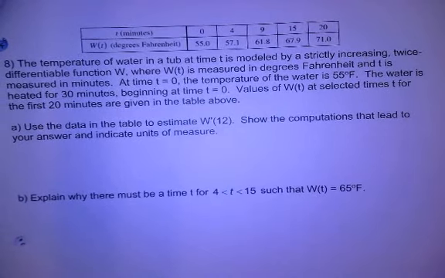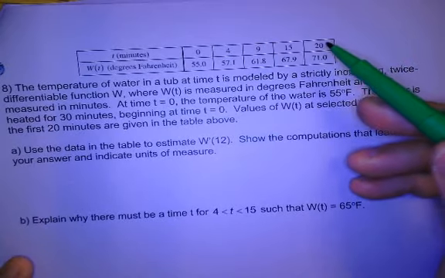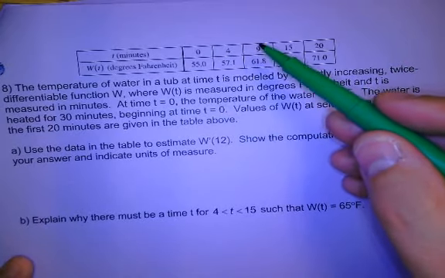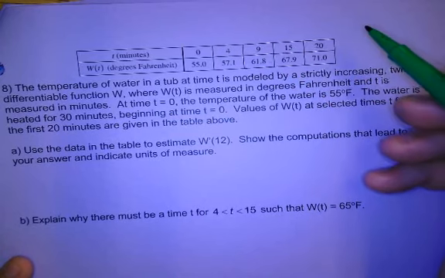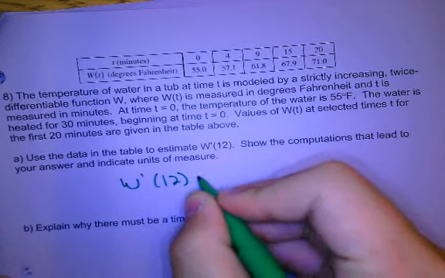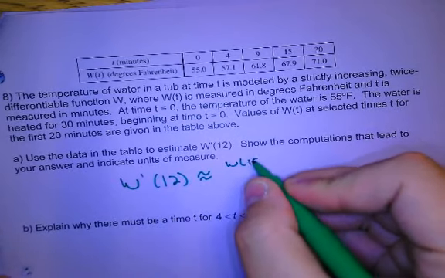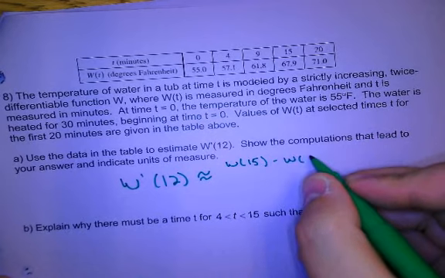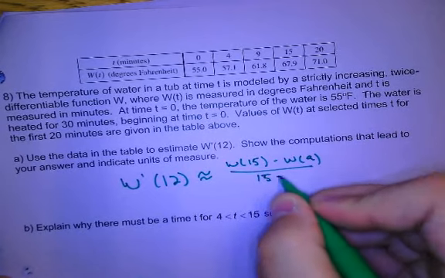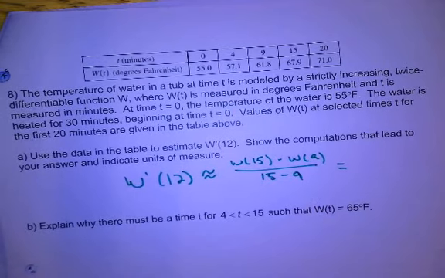Who remembers how to do that? Don't you just use 9 and 15 to find the average rate of change? So W prime of 12 is approximately W of 15 minus W of 9 all over 15 minus 9. I have the answers in front of me.